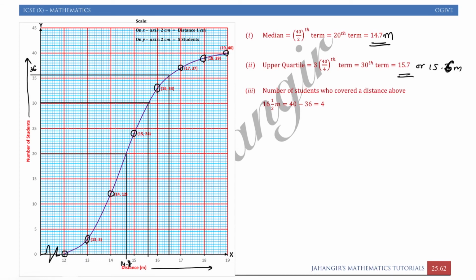So 36 students had covered a distance less than 16 and a half. The number of students who covered a distance above 16 and a half meter is 40 minus 36, that is 4 students. Okay, you have to write all statements properly.